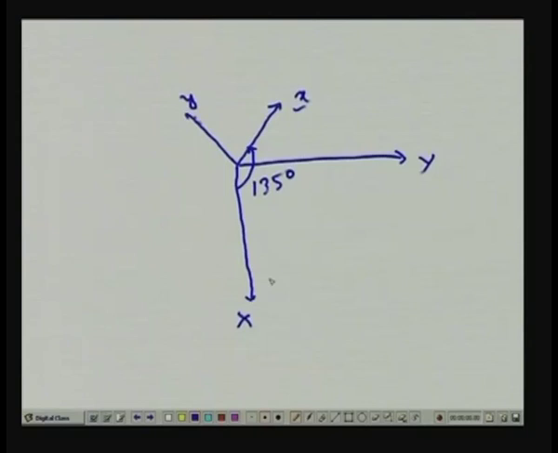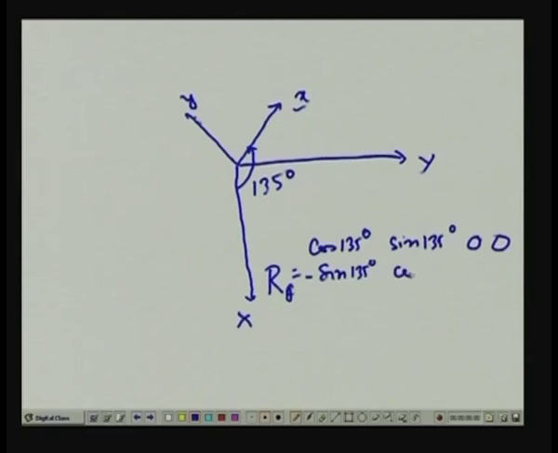So, the corresponding transformation on the 3D world points will be in the clockwise direction, but by the same angle 135 degree. And the corresponding rotation matrix, which is now given by r theta, will be equal to cosine 135 degree, sine 135 degree, 0, 0, then minus sine 135 degree, cosine 135 degree, 0, 0, then 0, 0, 1, 0, then 0, 0, 0, 1.